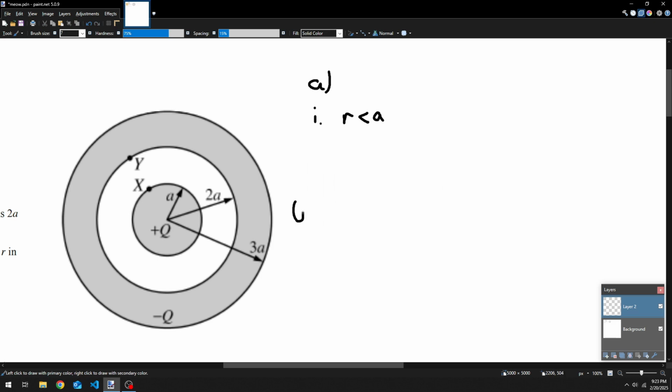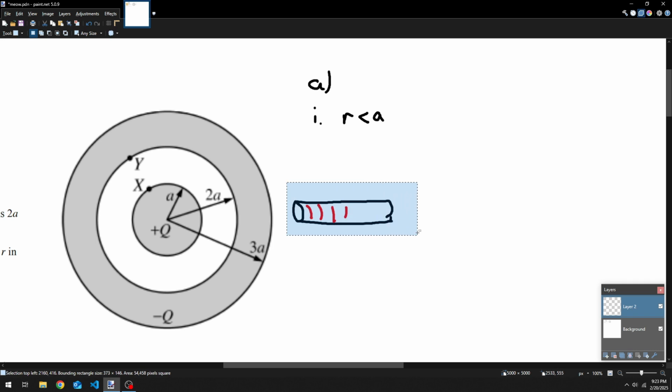There's another one, this cylinder. We would use this Gaussian surface for a long thin rod, or any type of long cylindrical rod, and we would use this round area for the Gaussian surface.